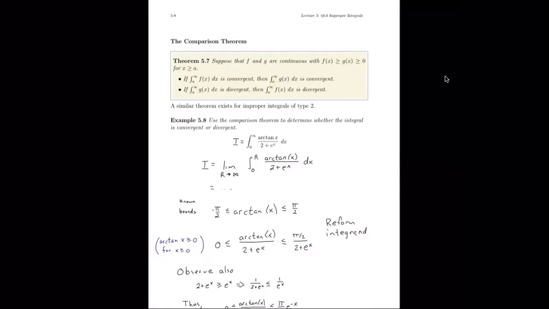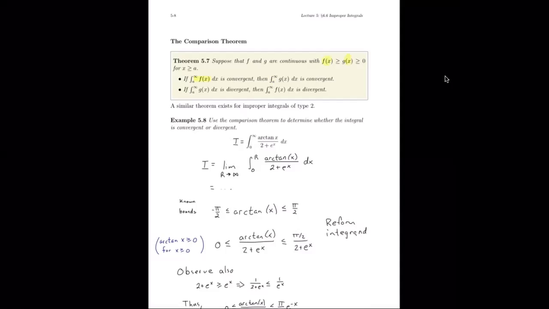With this theorem, we can't find what a convergent improper integral might have as a value, but we can determine whether or not it converges or diverges possibly. So let's look at the situation. If this integral from a to infinity of f of x dx is convergent, we know that f of x is greater than or equal to g of x.